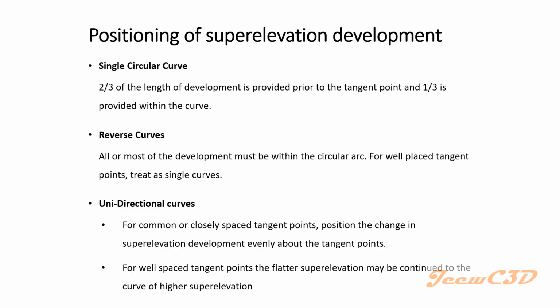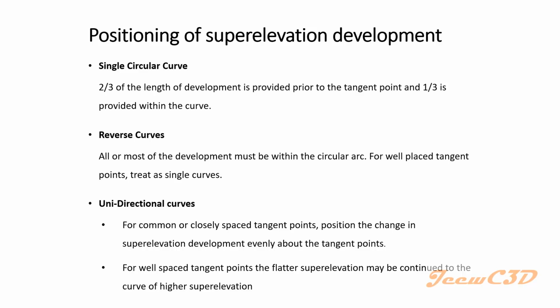In a single circular curve, 2/3 of the super elevation development length is to be provided prior to the tangent point, and 1/3 should be positioned within the curve. These are the RDA guidelines.